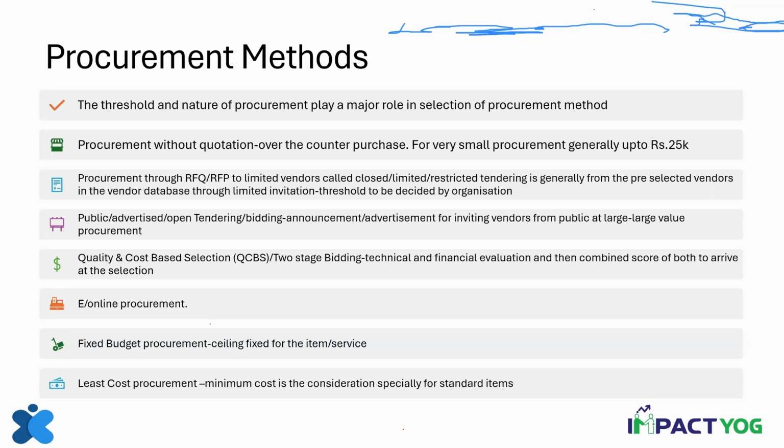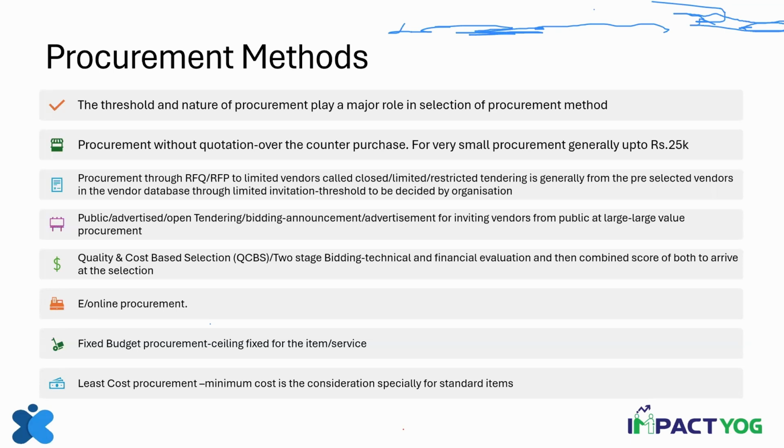So for instance, for a particular item, there might be 5 people in the vendor database, and the procurement method might say, please ask for quotation from 4 vendors. You may select all the 5 vendors and ask for that quotation. And that is the limited competition that we are allowing for this particular product.